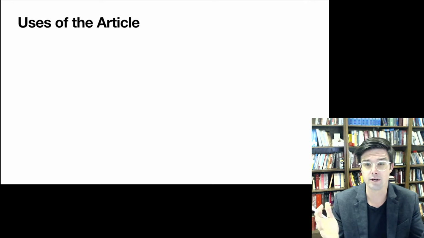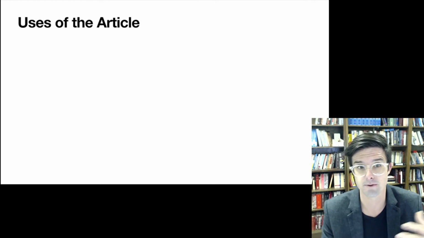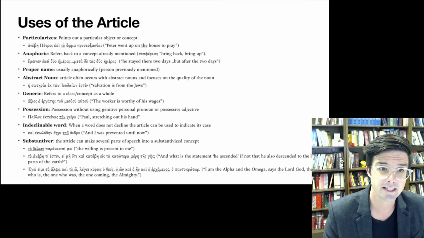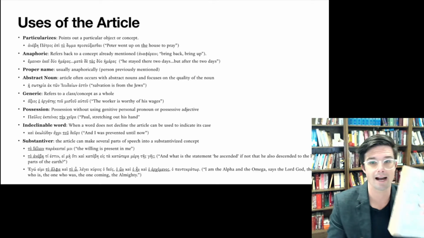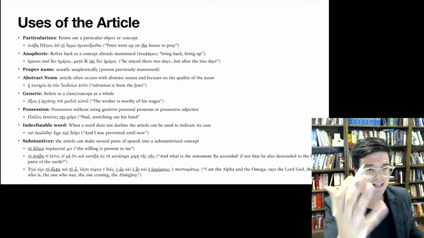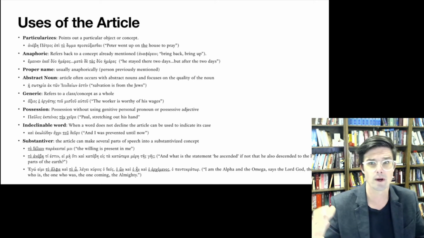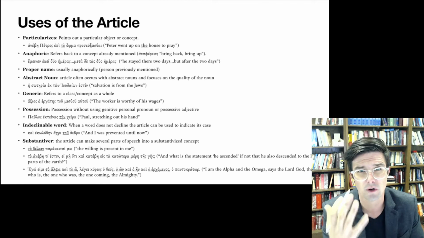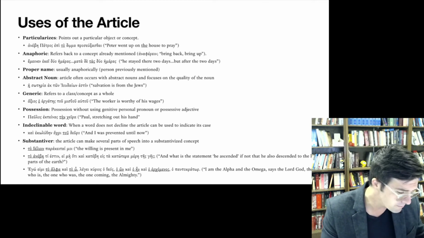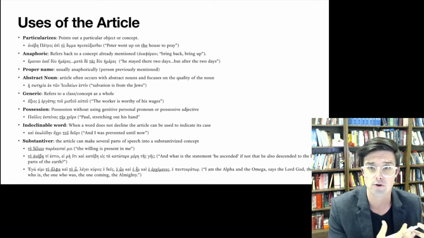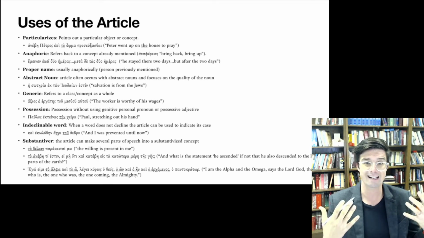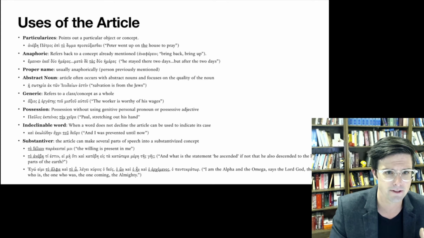So here I'm going to give you, largely for your reference, we're not going to walk through all of these, the different uses of the article that you'll find in Black's grammar. So I give this to you as a handy reference tool for the different uses of the article, rather than having to go through Black's text to find these different uses.